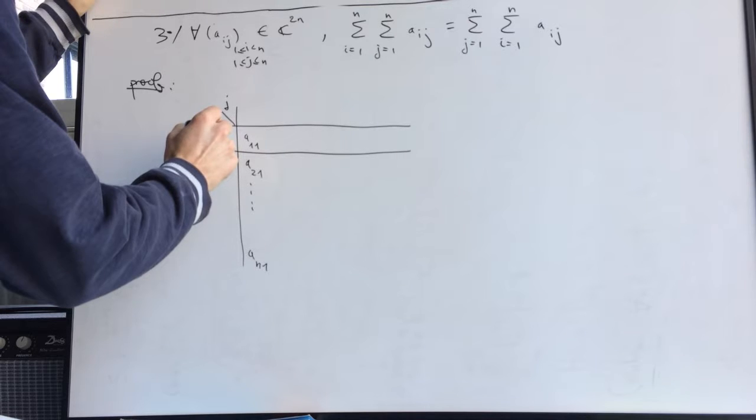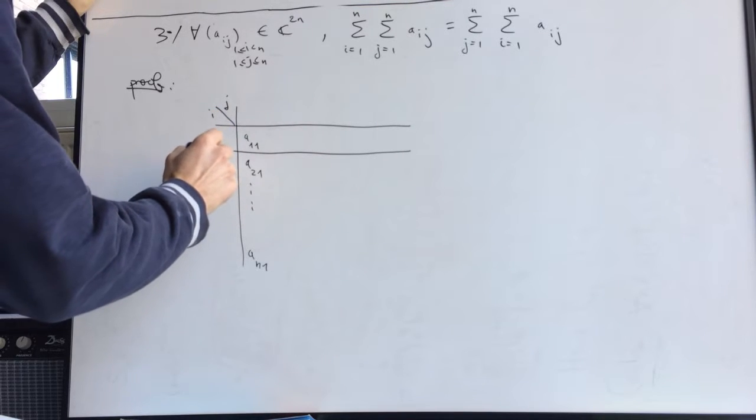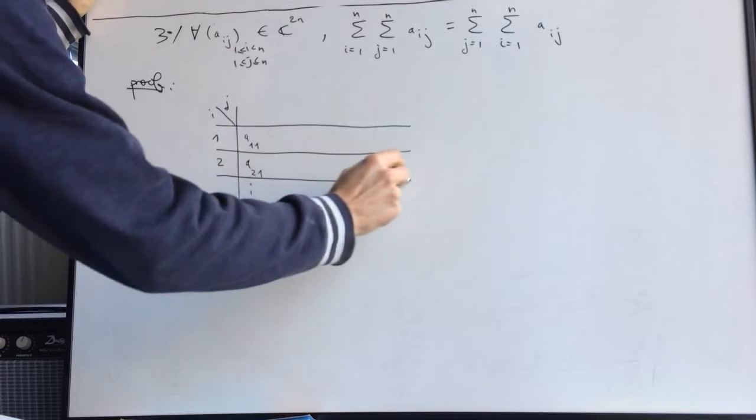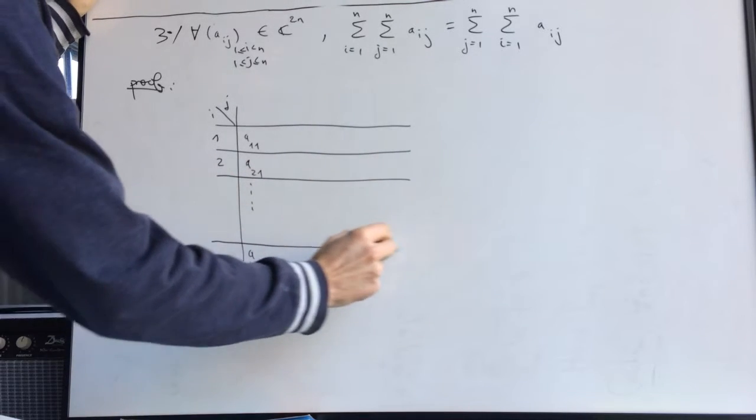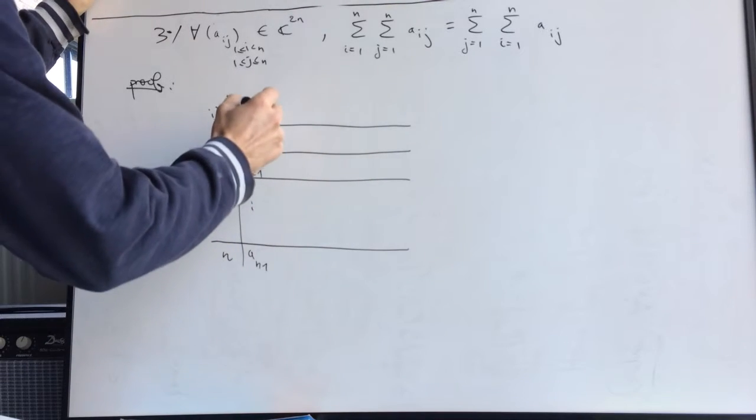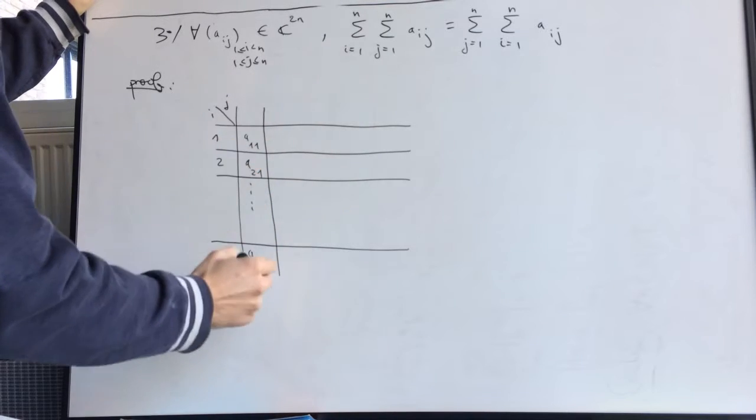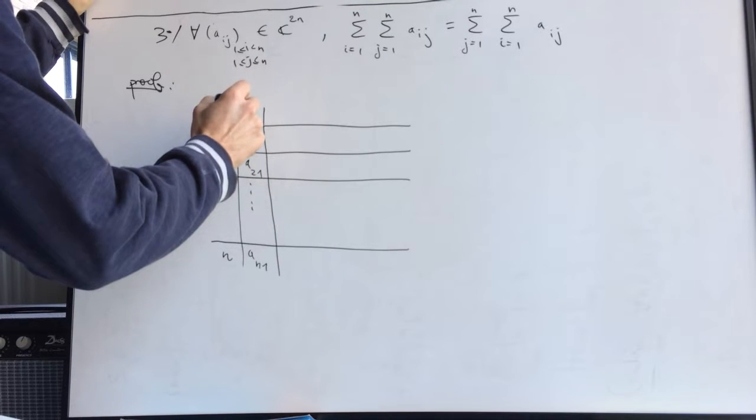So here i is equal to 1, i is equal to 2, and so on, i is equal to n. Here in this column j is equal to 1.